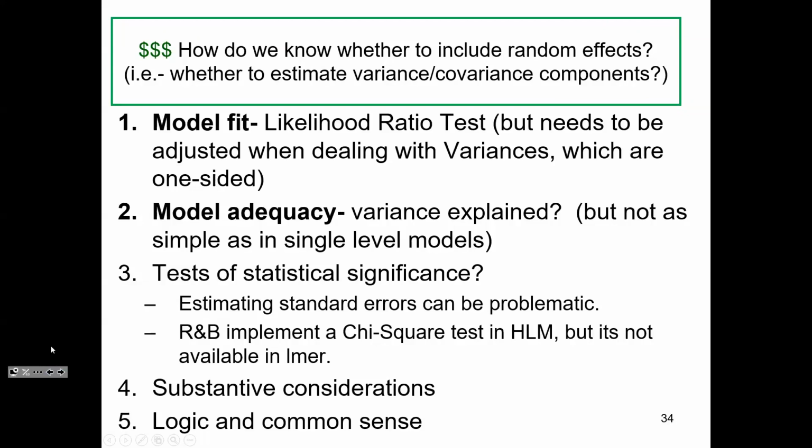And obviously with the tau matrix, this unstructured tau matrix, the more random effects you have, the more parameters you're adding, because if you already have 5 random effects and you add a 6th one, you're adding the variance plus the 5 covariances with the other 5 random effects, right? So it can really blow up how many parameters you're adding to the model just by adding one random effect. One random effect does not equate to 1 degree of freedom.